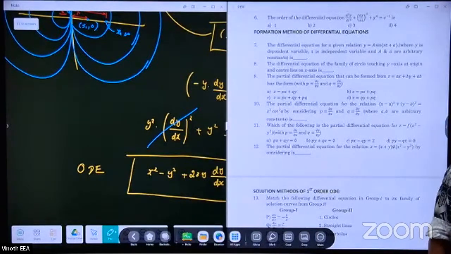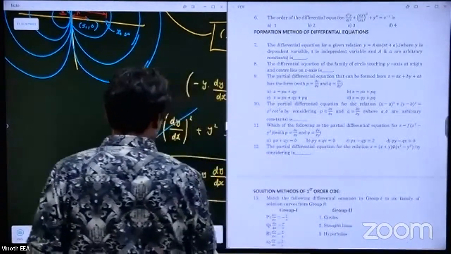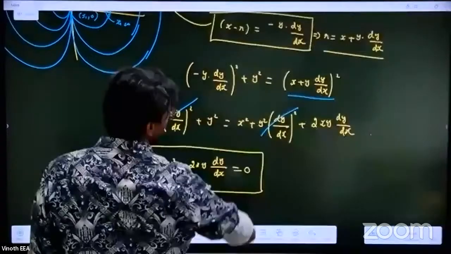But C, dz by dx is equal to a, dz by dy is equal to b, and that will be this by b. That is actually correct. Okay, we'll move to the next question. Ninth one.